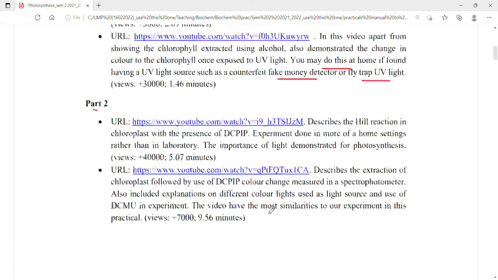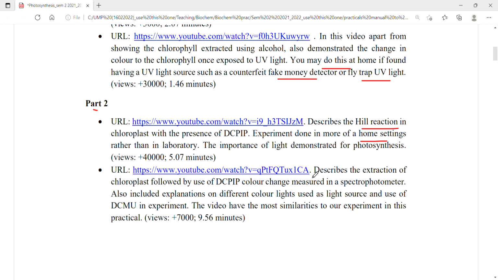For part 2, which involves the chloroplast extract, there are two videos. Here, the Hill reaction is explained in detail, with DCPIP able to absorb the electrons and change color from dark blue to colorless. It is a home setting, but it perhaps still needs to be done in the laboratory.